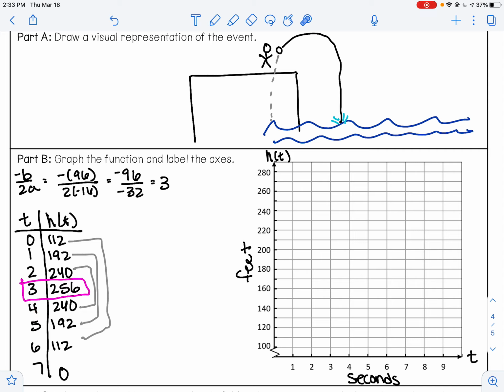And so we're just going to graph that on this coordinate plane. And so I'm going to go ahead and plot those points. 192, 240, 3, 256.